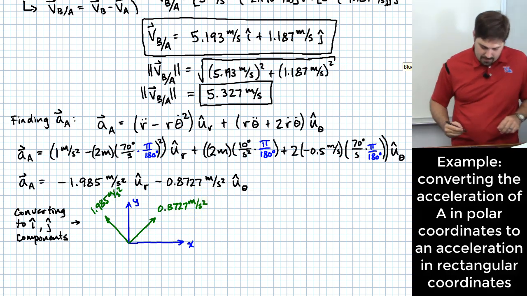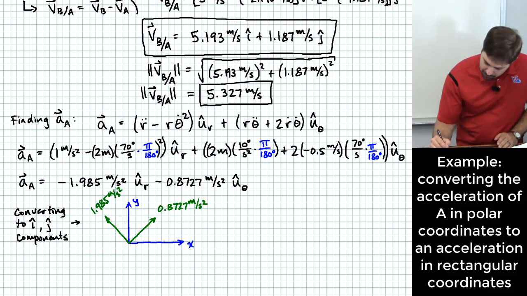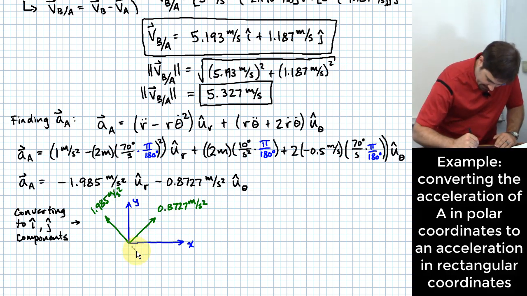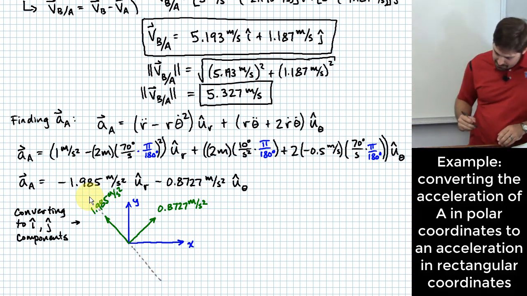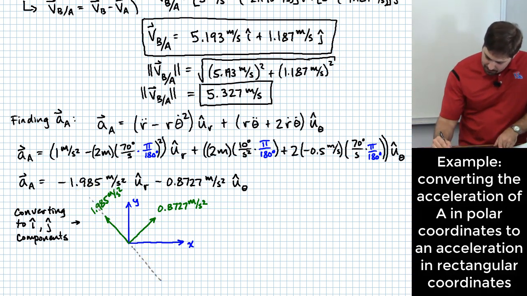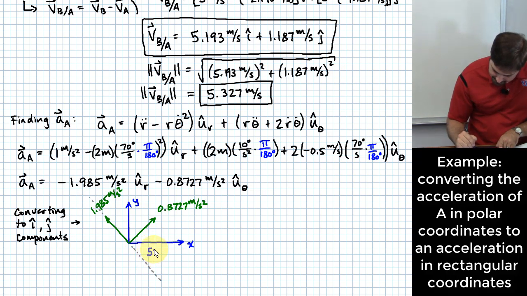All right. So again, we probably want to do like we did last time and identify this is the line along which that velocity runs, and this angle down here was 50 degrees at this instant.